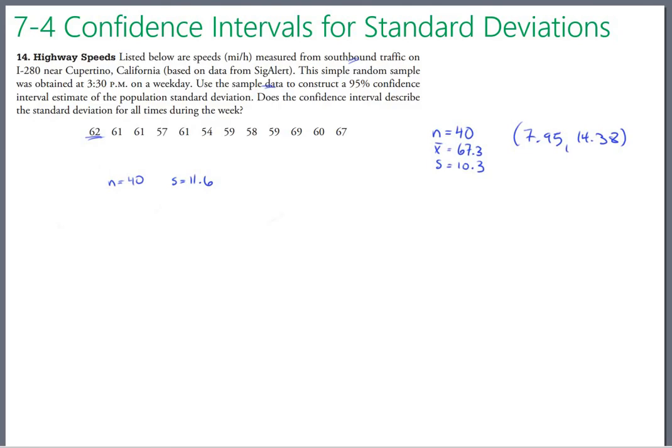Let's move on to number 14. Number 14 is similar, except they just gave us raw data instead of the summary statistics. So they do want a 95% confidence interval, and they want the estimate of standard deviation. We could use this same information to do a confidence interval for the mean, but be careful with what they're asking for, right?